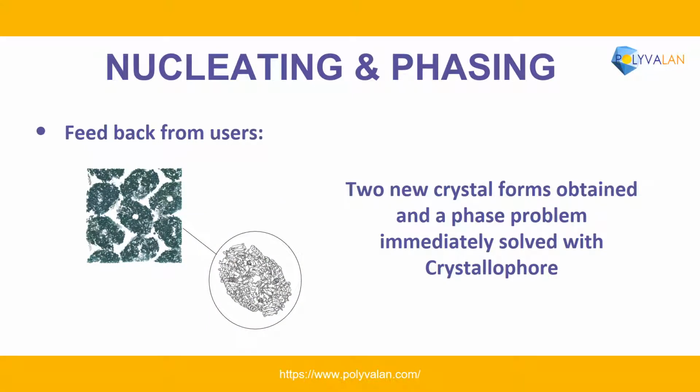Of course, both nucleating and phasing properties of Crystallophore can be exploited, as in this first example where 2 new crystal forms were obtained and exploited to determine the structure.